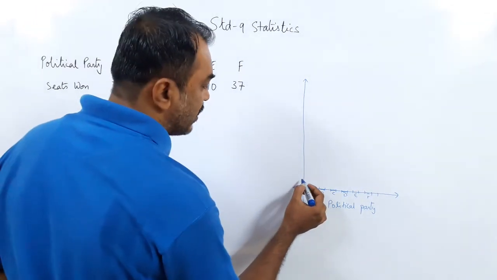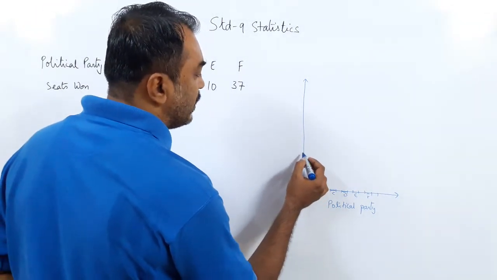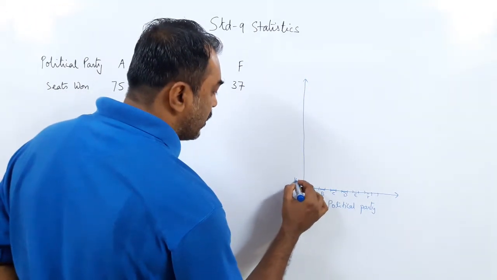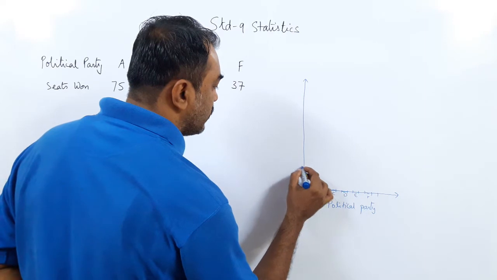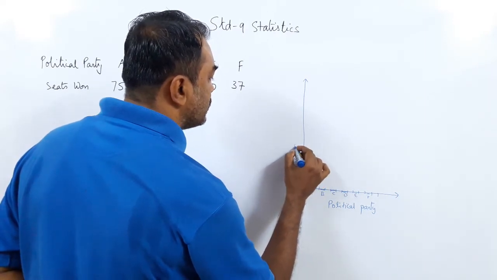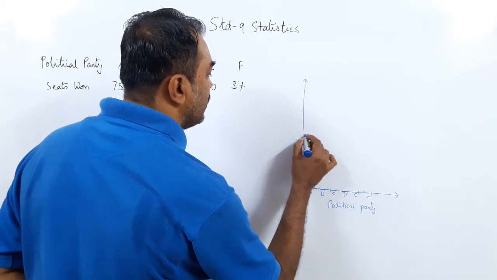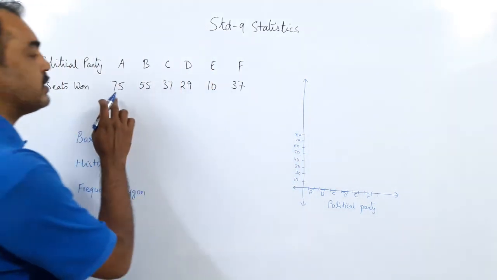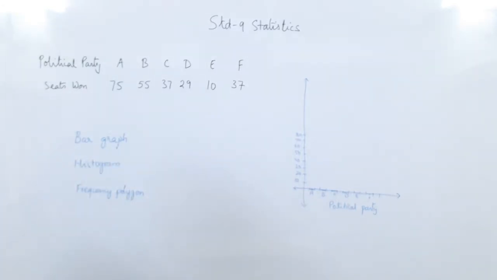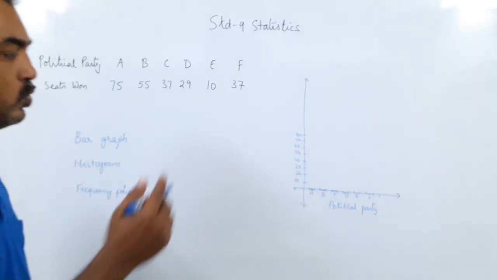If it is too long, then we can go by 10, 20, 30, 40, 50, 60, 70, 80, because the maximum is 75. So I took a gap of 10. You can even try a gap of 5.